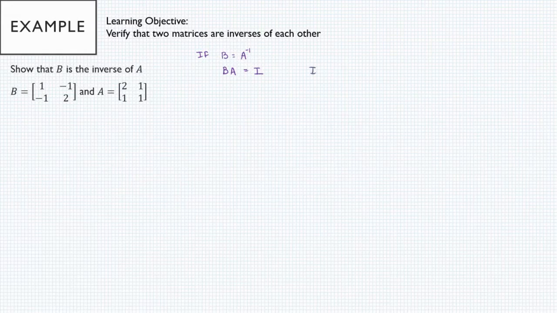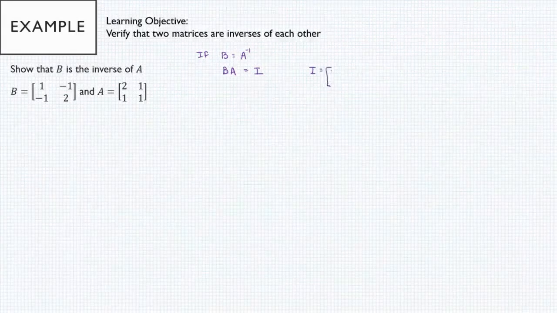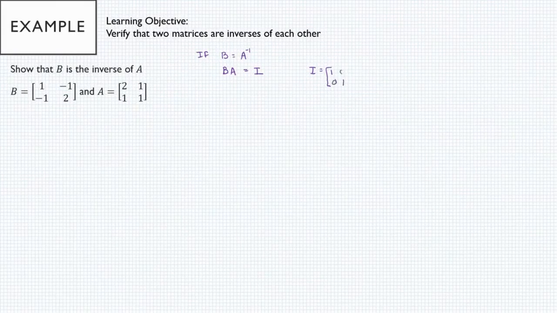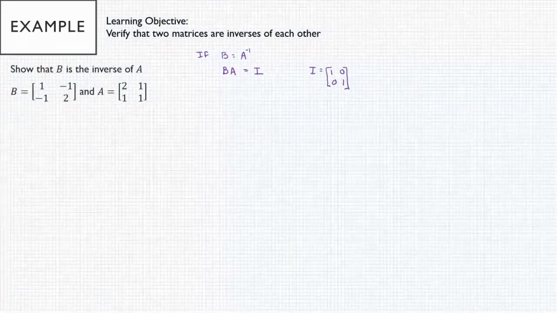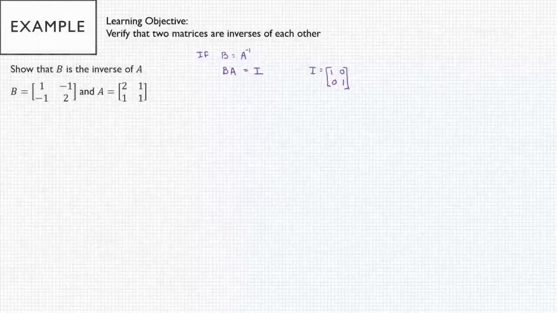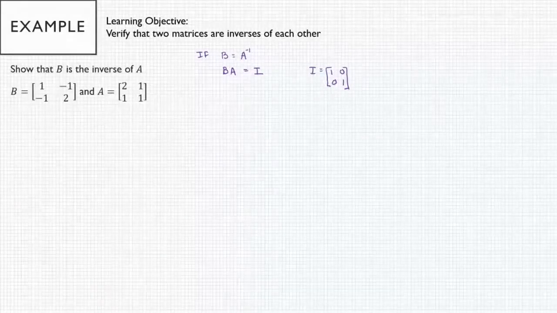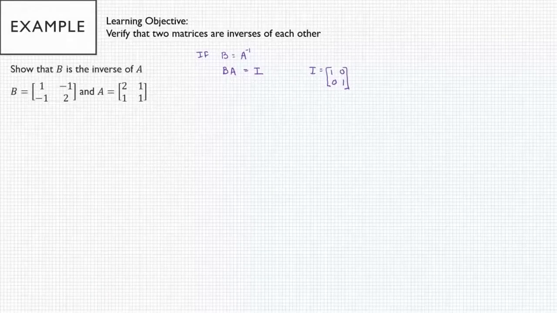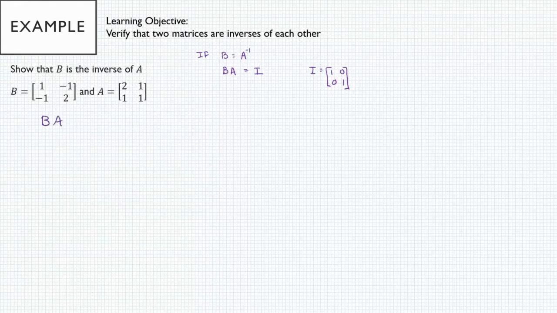And just for reference sake, the identity matrix is where you have ones in the diagonal and 0 everywhere else. So if we're going to show that B is the inverse of A, we're going to be multiplying B times A. So we're going to be multiplying those two matrices together.